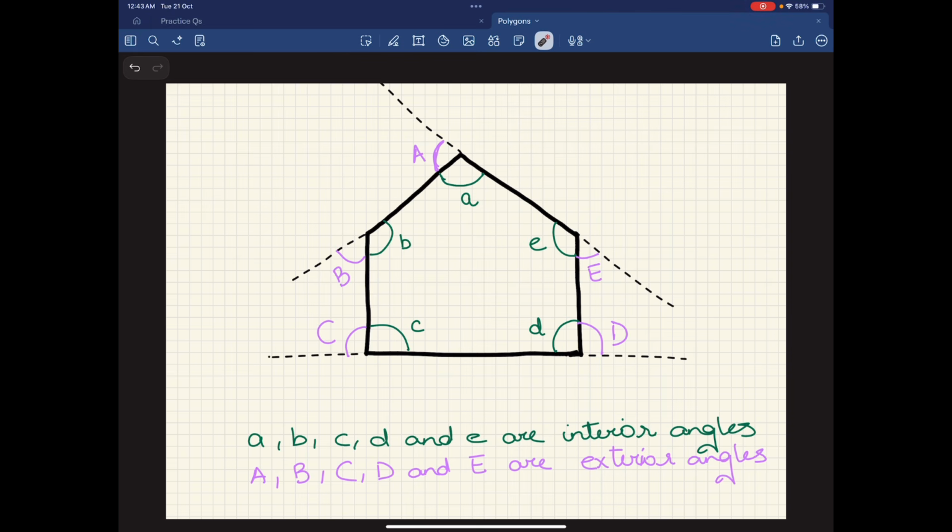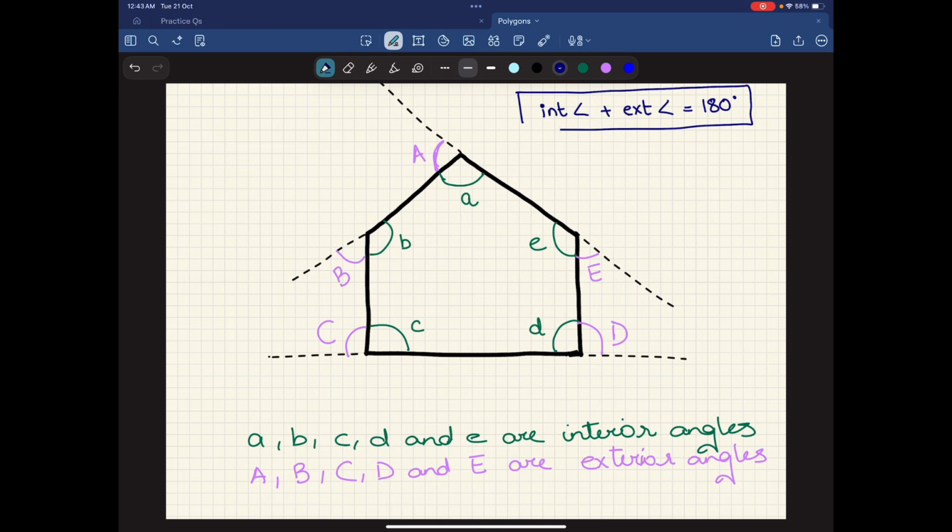So interior angle plus an exterior angle is equal to 180 degrees. So this is the first relationship that we can derive from this figure.